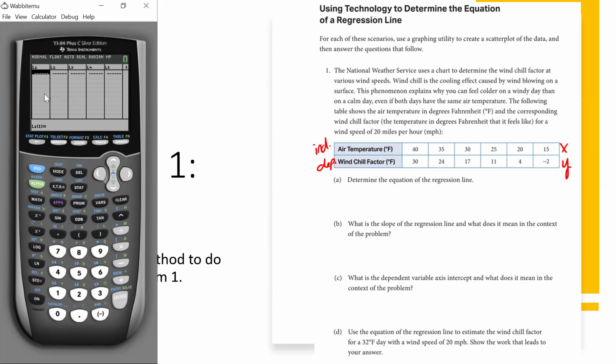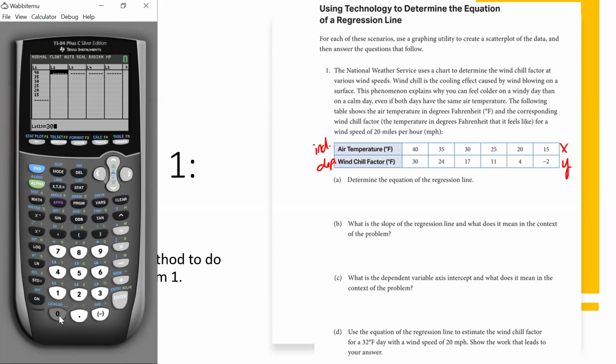Your L1 is always typically going to be your independent variable, and your L2 is going to be your dependent variable. So we're going to put those values in, and make sure you put them exactly. I'm going to type 40, enter, 35, enter, 30, enter, 25, enter, 20, enter, 15, enter, go over.